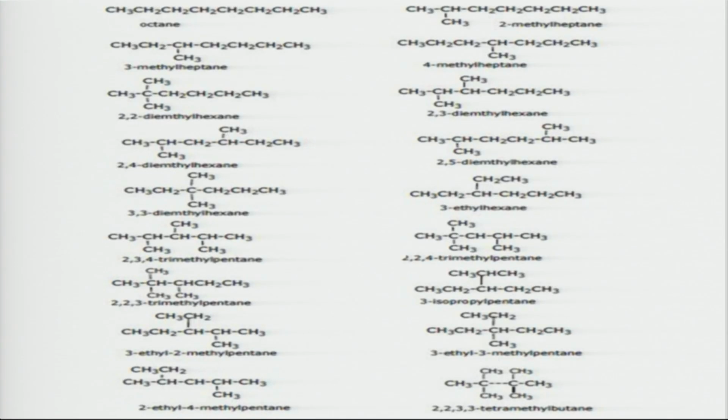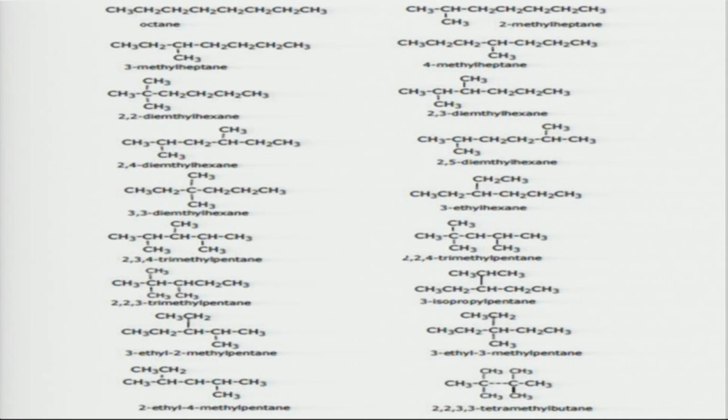Last time we were talking about boiling point, and we said boiling point increases as mass increases. Then when we have compounds with the same molecular formula or the same molecular masses, boiling point decreases with increase in branching.